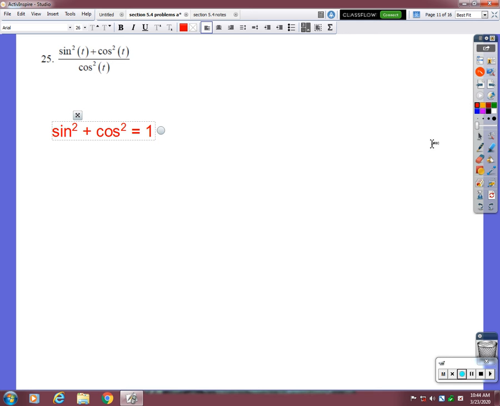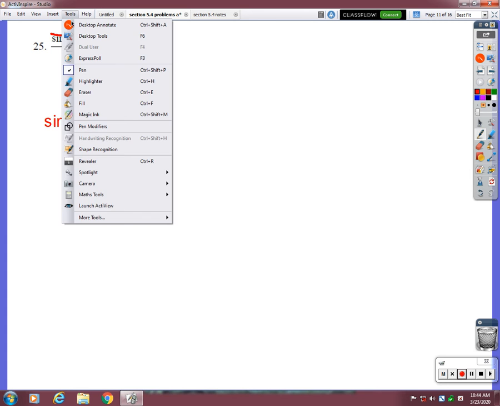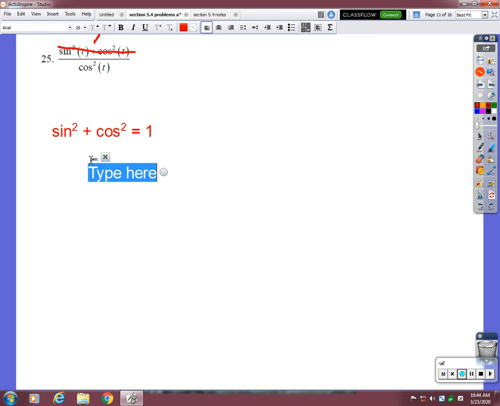So what I'm going to do is I'm going to take this whole thing on top, and I'm going to replace that with a 1. So, very first step simplifies this problem to 1 over cosine squared of t.